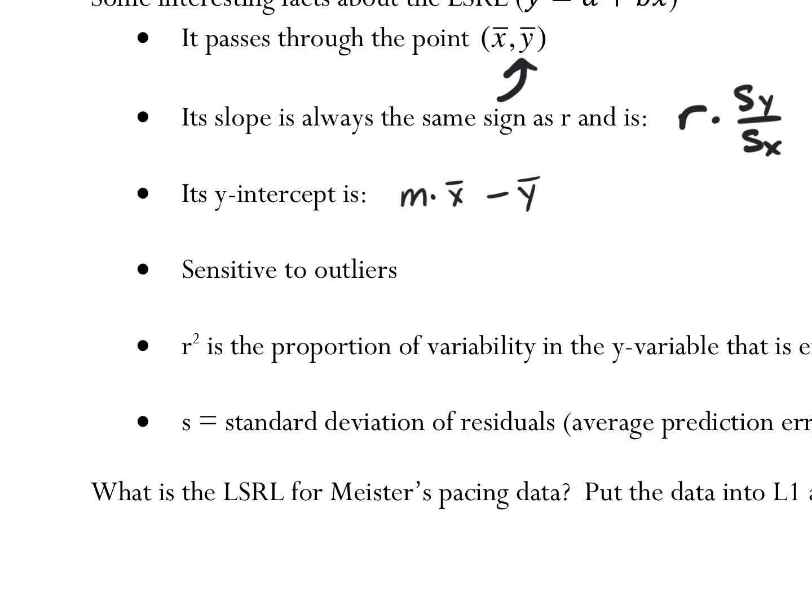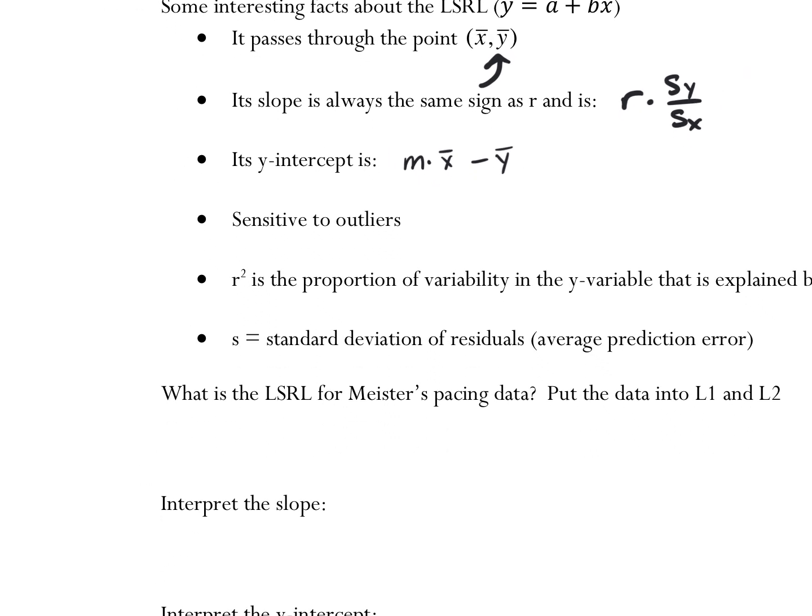Okay? All right. Tomorrow, I will show you, Thursday, I will show you how the calculator finds these lines for you. Okay? When you put stuff into the calculator to get line of best fit, it gives you the least squares line. Okay? All right.